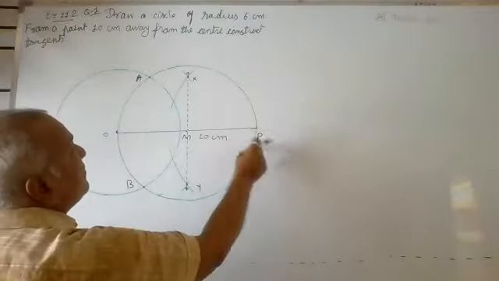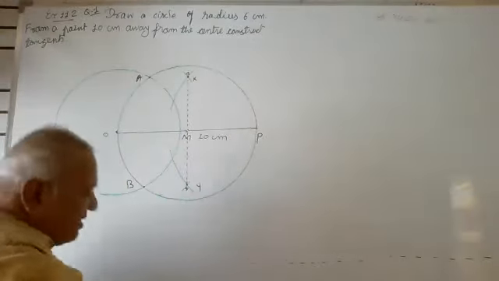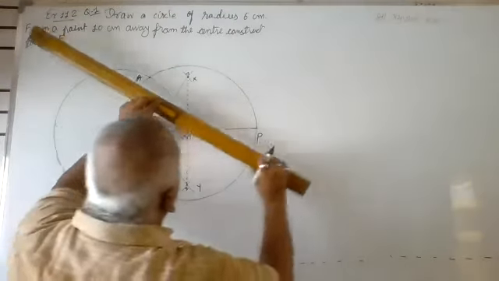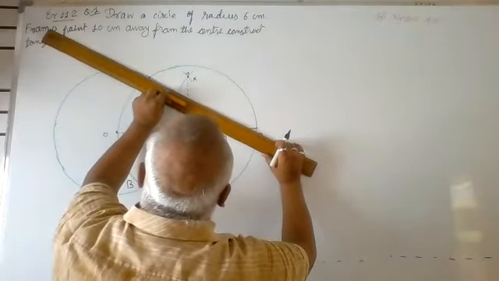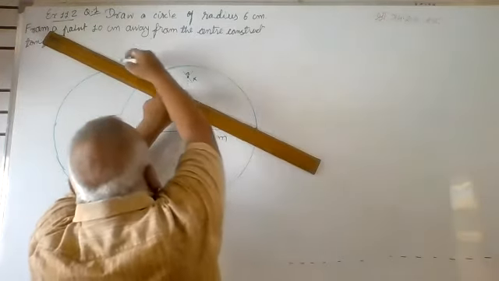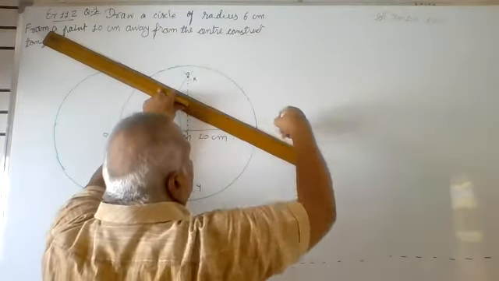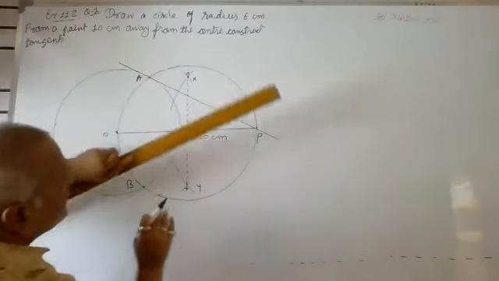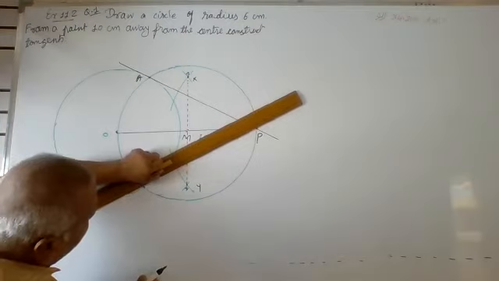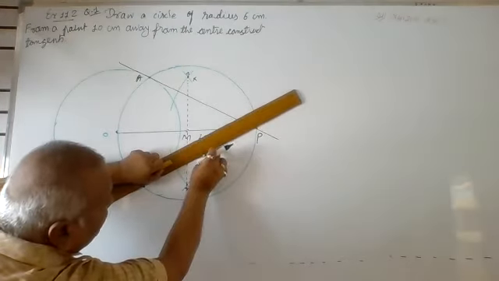So friends, we have to draw PA and PB. PA and PB are the two tangents to the given circle. Here we have to join P and A. These two points we have to join, and we draw a tangent. You can see friends, these are the tangents required in the construction.